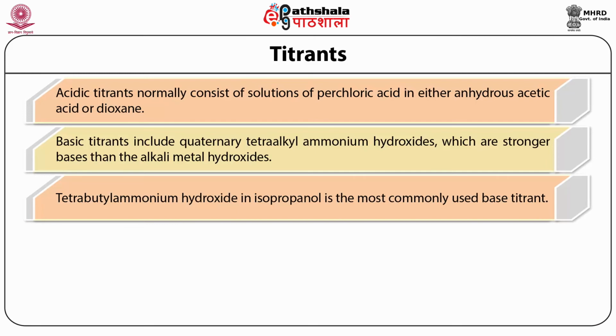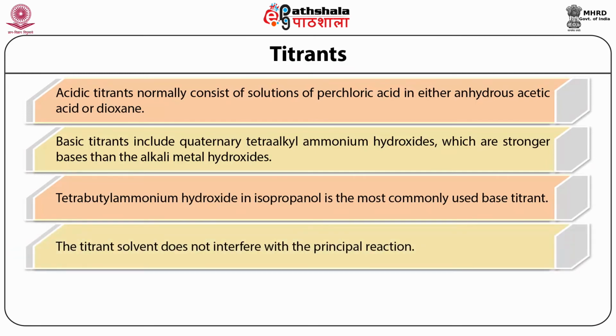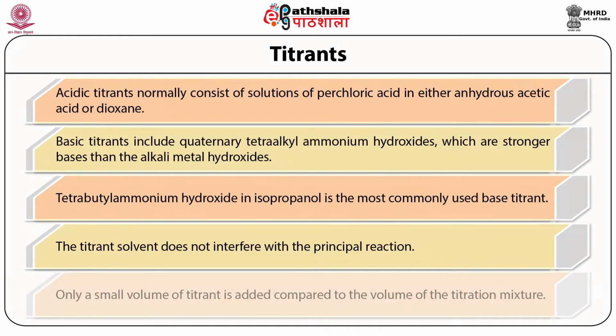To ensure that the titrant's solvent does not interfere with the principal reaction, the concentration of the titrant solution is usually high relative to the concentration of the substance titrated. Only a small amount of titrant is added compared to the volume of the titrated mixture.